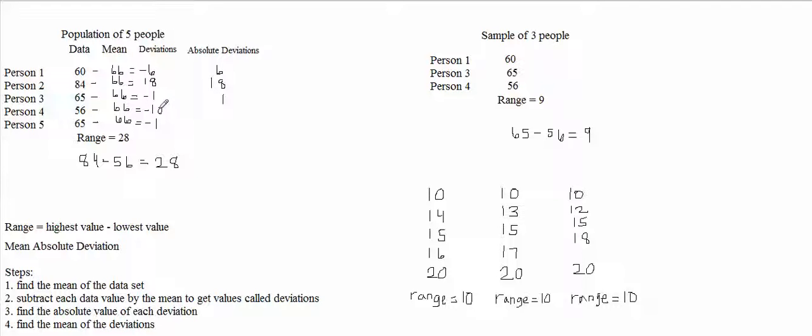Negative 10 becomes 10. And negative 1 becomes 1. And if we had a 0 in here, then 0 would just stay 0 because the absolute value of 0 is 0. So now we finished step 3. We found the absolute value of each deviation.